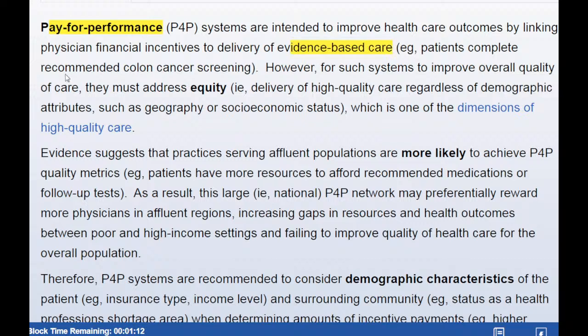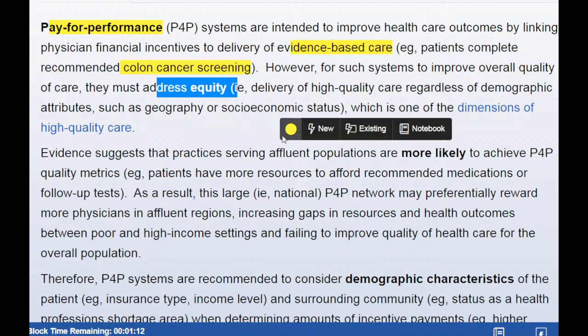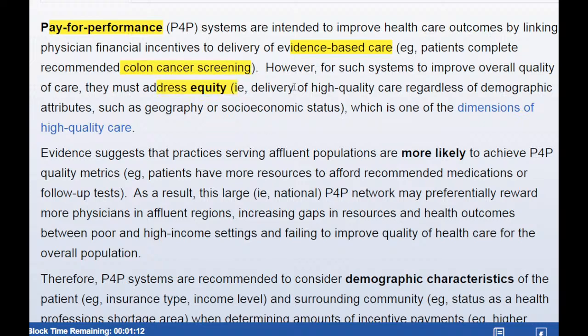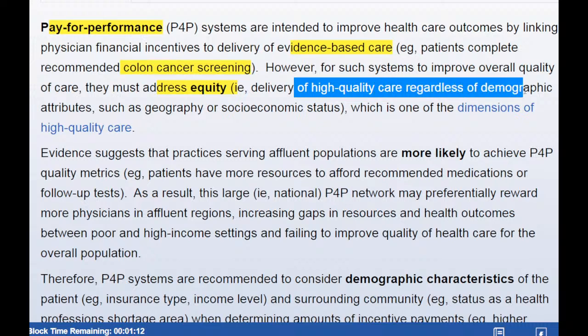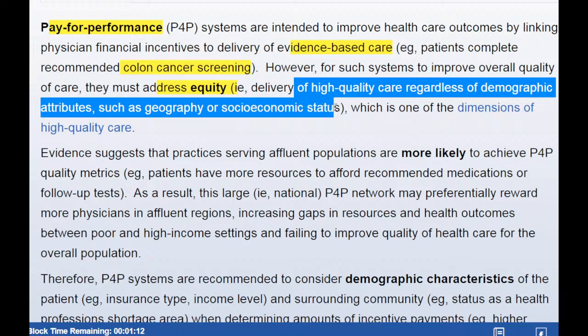Example: patients complete recommended colon cancer screening. However, for such systems to improve overall quality of care, they must address equity. Deliver high quality care regardless of demographic attributes, sociographic or socioeconomic status.